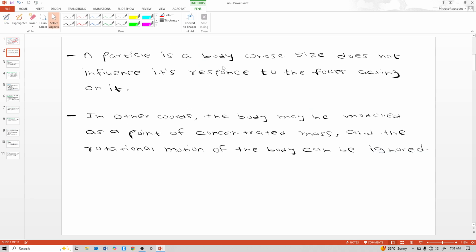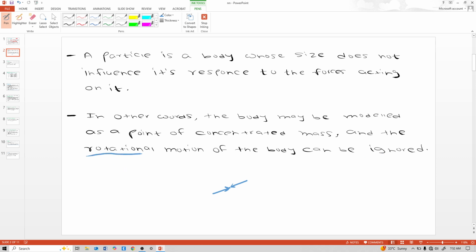A particle is a body whose size does not influence its response to the force acting on it. If this is a particle and a force acts on this body, the particle is a body whose size does not influence its response to the force acting on it. In other words, the body may be modeled as a point of concentrated mass and the rotational motion of a body can be ignored.